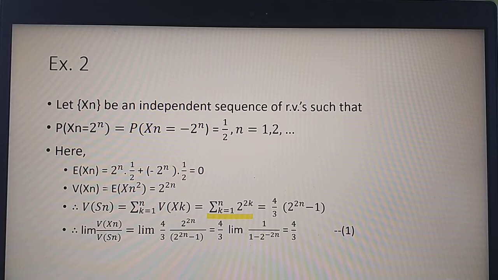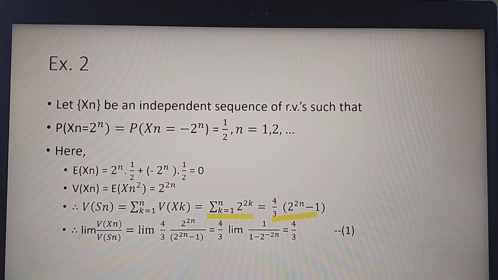So here we compute expectation Xn is 0, variance Xn is 2 to the power twice n, so that variance of Sn, again by the same process, you write down the terms of the series up to n terms and apply the formula for the sum of the geometric series, and then you will get the sum as 4 by 3 into 2 to the power twice n minus 1. So this is the sum.